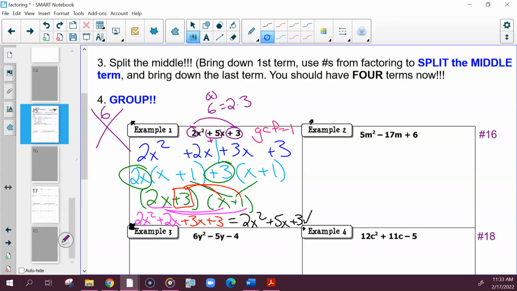Whatever your b value is would be in the bottom, so 5. So you're looking for a number that multiplies to be 6, adds to be 5, and then your factors that we found were positive 2 and positive 3. So if that helps you organize your numbers, use that. Don't feel like you have to use that, but you can.